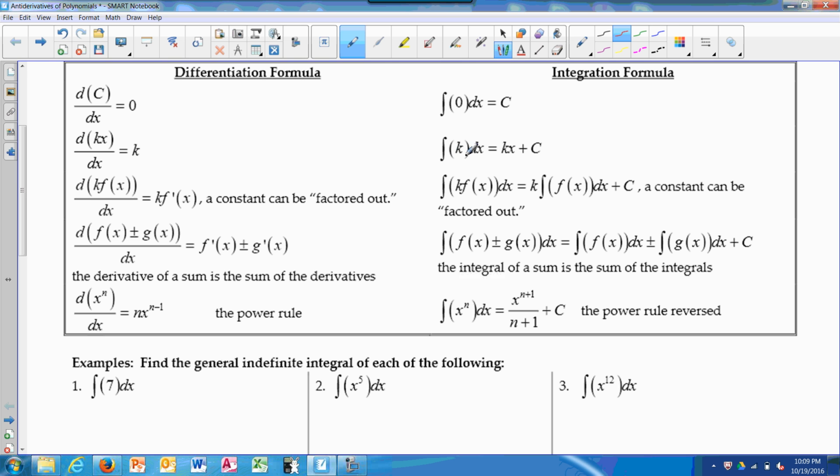So if we integrate the constant, we get the constant with the x back, plus c, because again, if we had y equal to 3x plus 4, or y equal to 3x minus 5, both of those would have a derivative equal to 3.